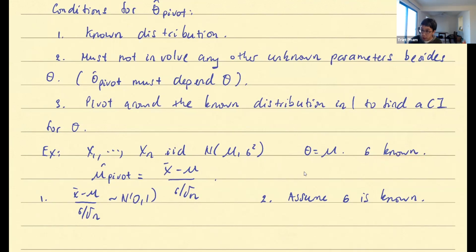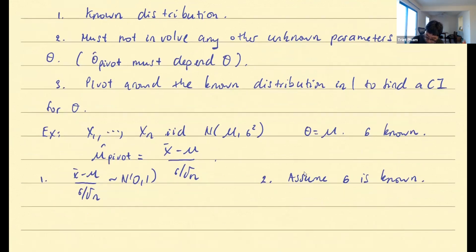But to demonstrate the idea of a pivot random variable, let's not drag this in to begin with. That's why we assume this is known. So 2 is satisfied. If sigma is unknown, then 2 is not satisfied, and this is not a pivot random variable in our definition. 3, the act of pivoting, is just the act of writing down some probabilistic statement like this.